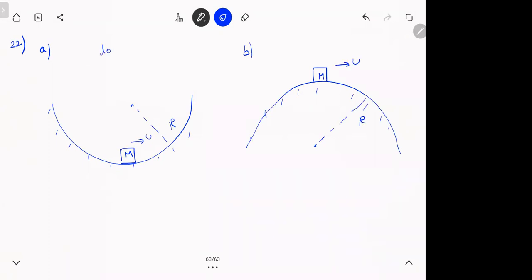So this is at the lowest position. This is at the highest position. Find the normal reaction at this instant. Find the normal reaction on the block.